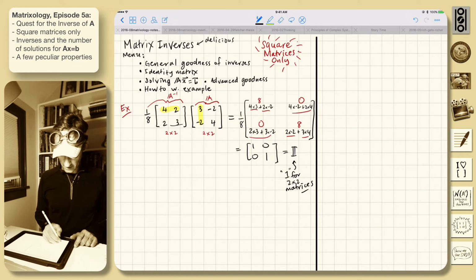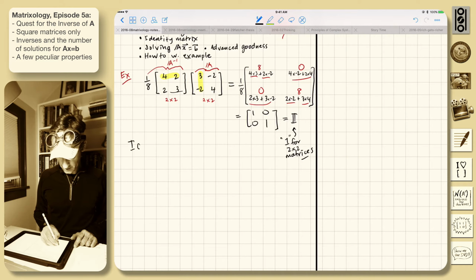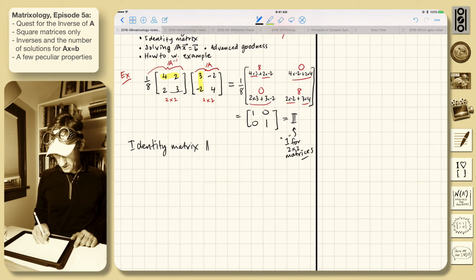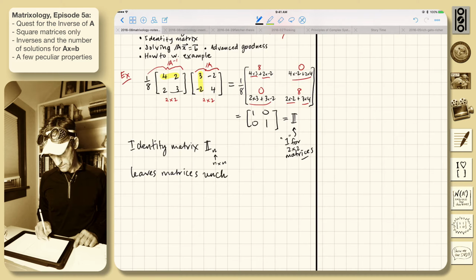So in general, the identity matrix, matrix I, you can sometimes write an I_n, for n by n. It leaves matrices unchanged under multiplication.